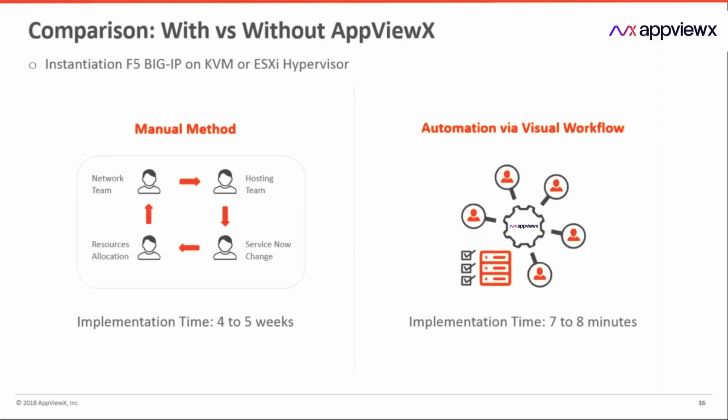As part of the interaction with a lot of customers, we've done a bit of analysis, and this is just one of the many illustrations where instantiation of the BIG-IP itself on a KVM or AWS in a typical enterprise took about 4 to 5 weeks, with a lot of teams involved in the entire process.